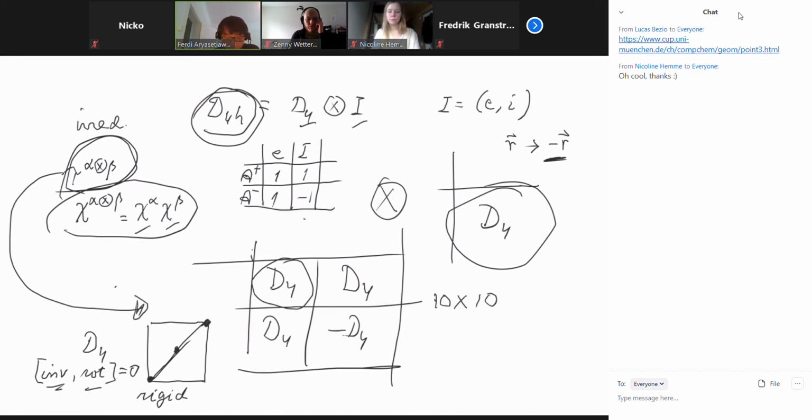If you just label everything by 1, 2, 3, 4, 5, then this is not a good way, because you can rotate whatever. The point is that inversion is not a rotation.